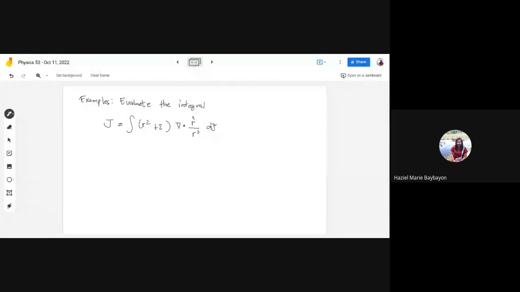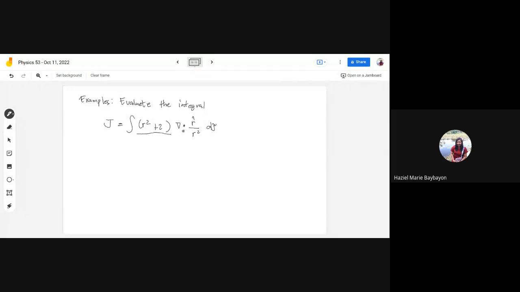So you have this function, I have this integral class. This part, we can consider as your f of r. So this is your normal function. And then this factor is actually equal to 4 pi times the three-dimensional Dirac delta function.